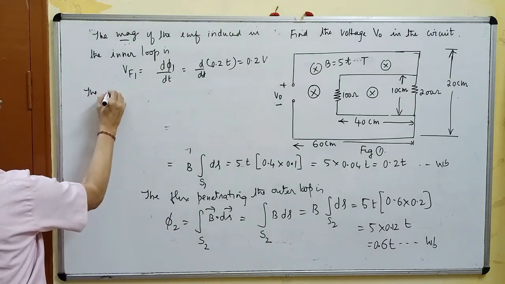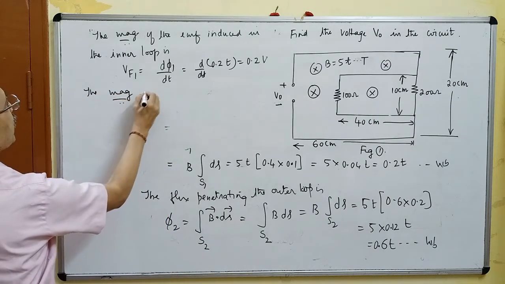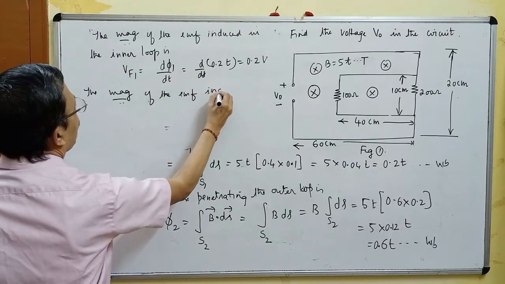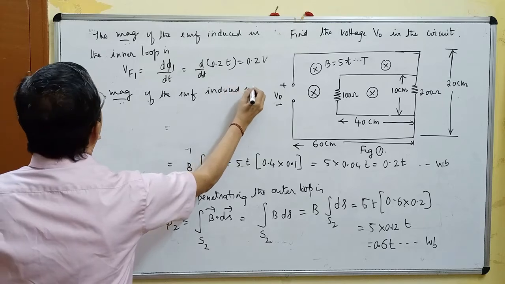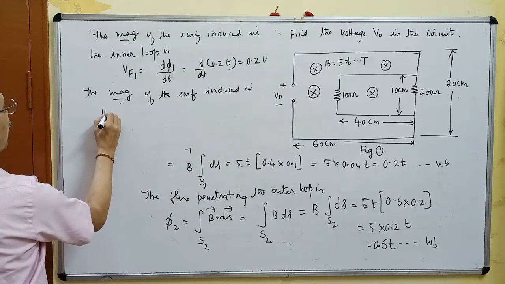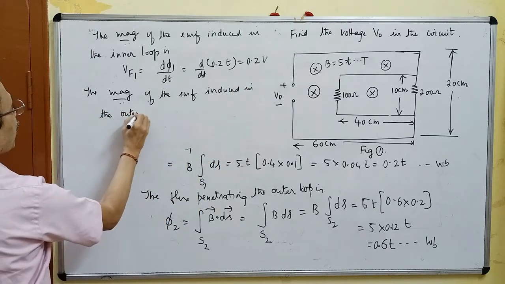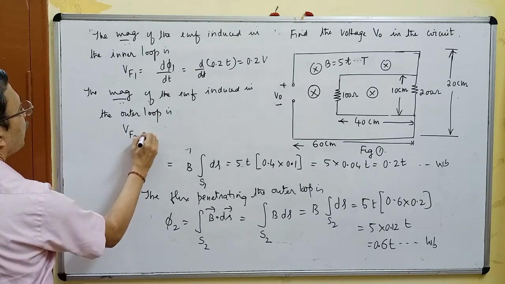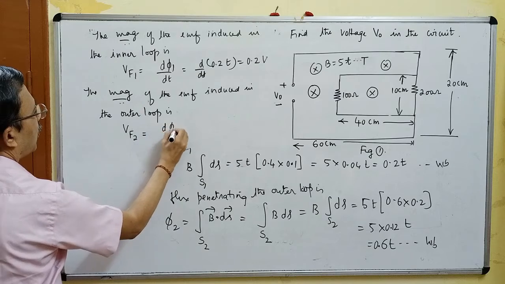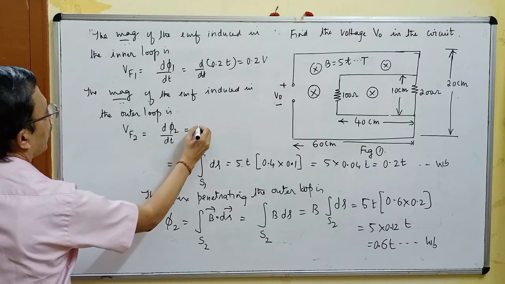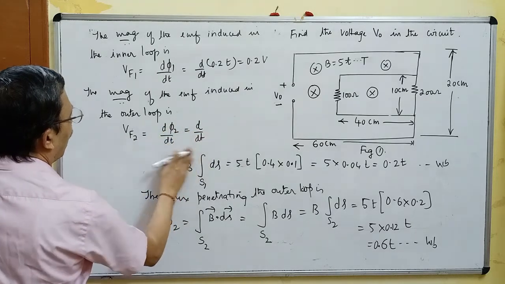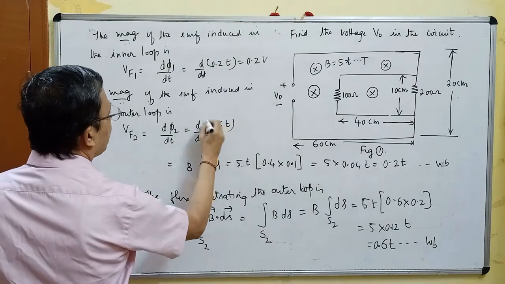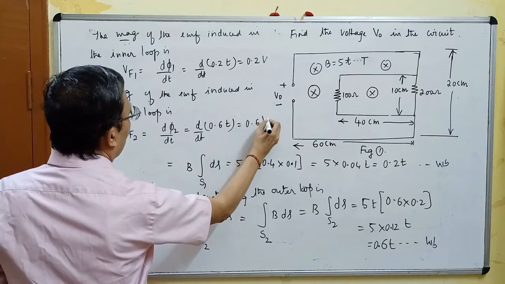The magnitude of the EMF induced in the outer loop is Vf2 is equal to d phi 2 by dt is equal to d by dt operating on phi 2. Phi 2 is 0.6t. So you get 0.6 volts.